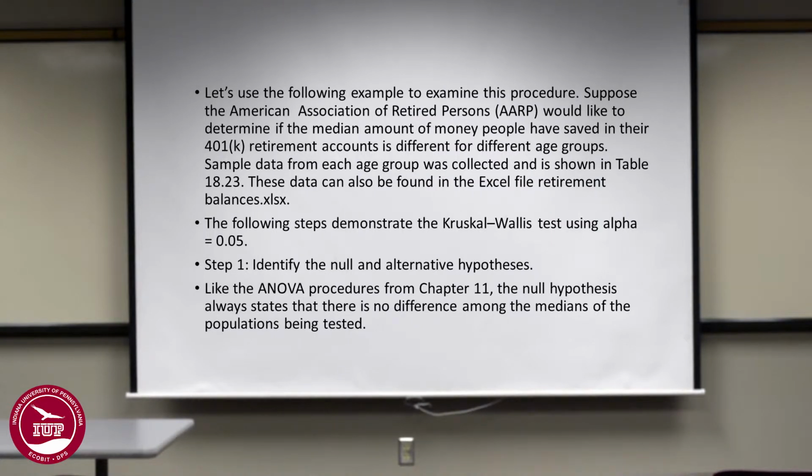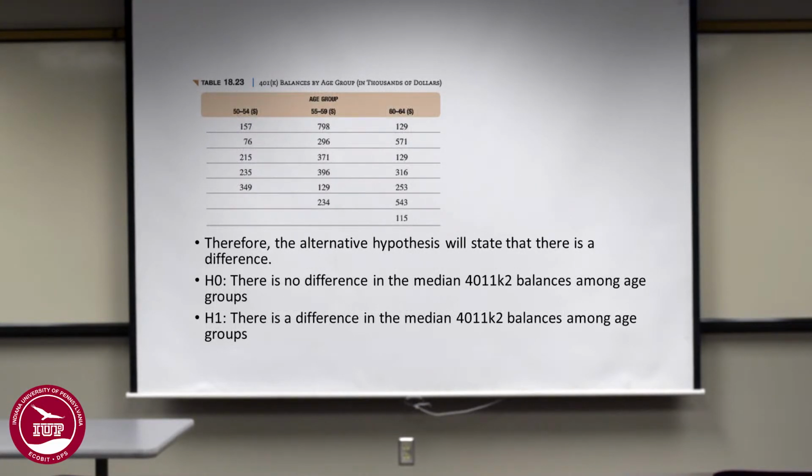Step 1. Identify the null and alternative hypotheses. Like the ANOVA procedure from Chapter 11, the null hypothesis always states that there is no difference among the medians of the populations being tested. Therefore, the alternative hypothesis will state that there is a difference.